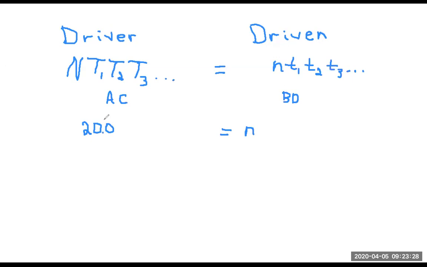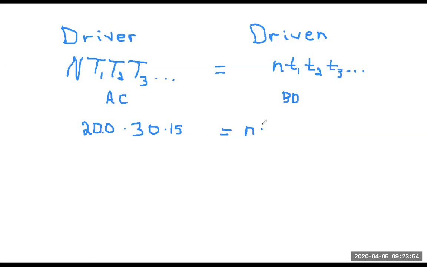A and C are drivers, and the teeth were 30 and 15. I'm not going to flip back and forth with the pictures. 30 and 15 were the teeth for A and C respectively. We don't know what the driven RPM is. We're going to find that out.